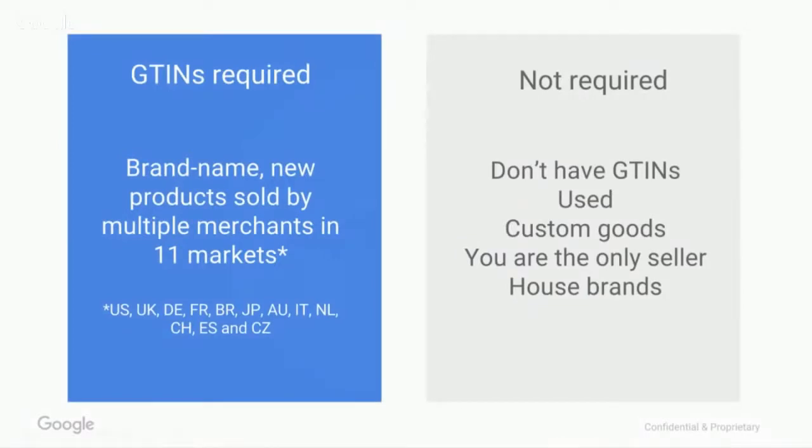Items that are brand new products sold by multiple merchants in 11 countries, that includes US, UK, Germany, France, Italy, Spain, Switzerland, Czech Republic, Japan, Australia, and Brazil, will require GTIN. The items that do not require GTIN are basically used goods, custom goods, goods where you're the only seller, or in-house brands. They do not require GTIN.